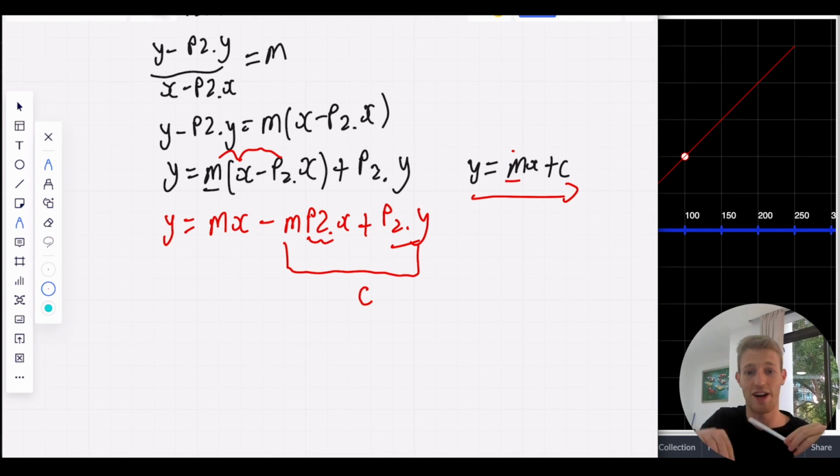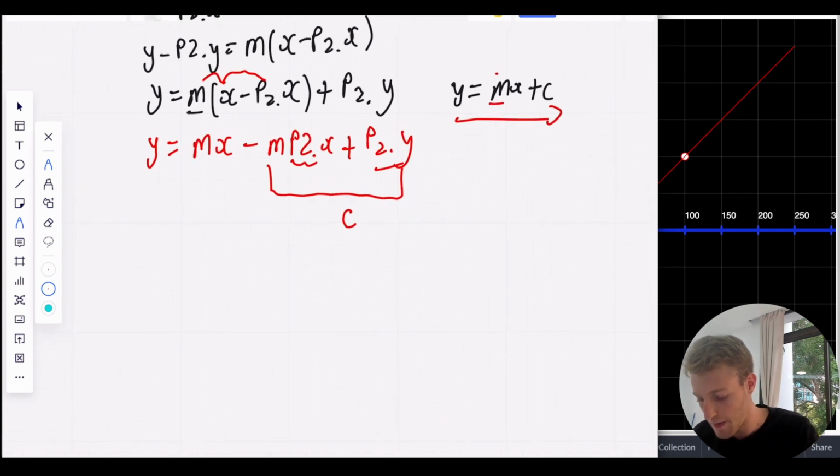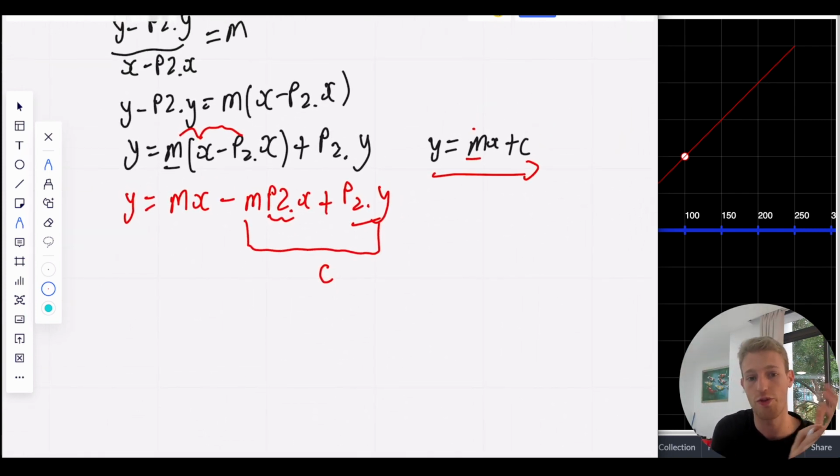So the m defines the gradient, and the c simply defines where it cuts the y-axis. So imagine if I had this line and I just moved it up or down. This is what c would do. M just defines the gradient. But this then gives us a general formula which we can use in code in order to find our line.